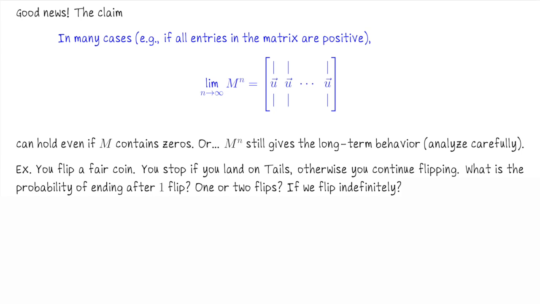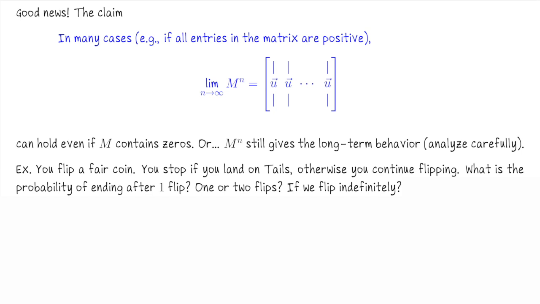So what we'll see in this lecture is it's possible for M to contain zeros and still trend long-term, if you raise M to a large power, to this form where we have the vector U repeated over and over. But we'll also see an example where that doesn't happen, and yet M to the n is still very useful. So in particular, in our last example, when we take our matrix and raise it to a high power, it won't have this form, but it will still give us the long-term behavior.